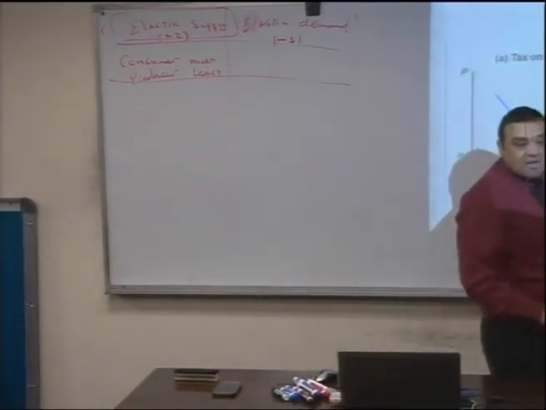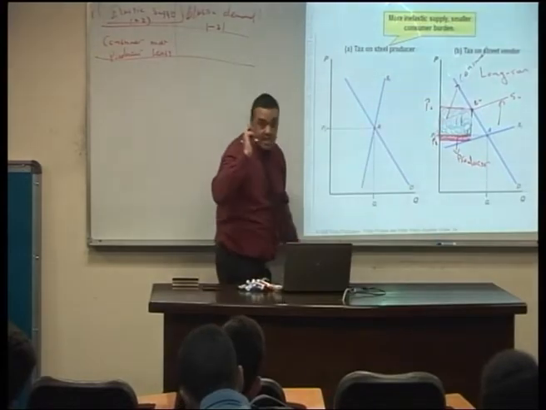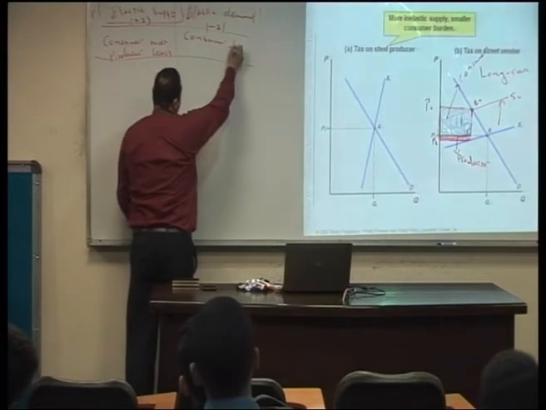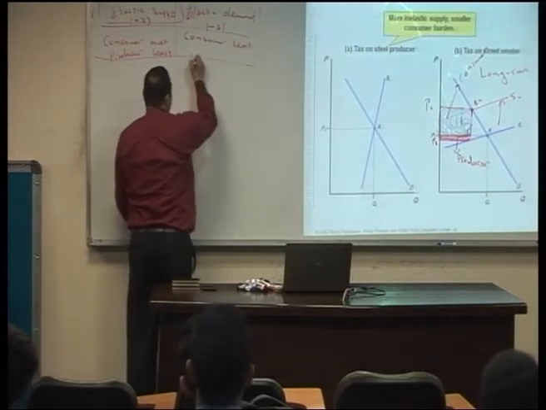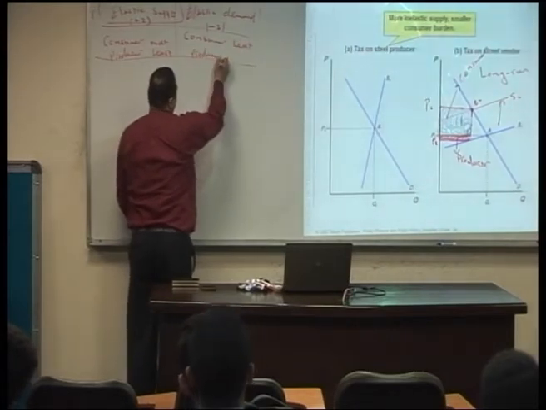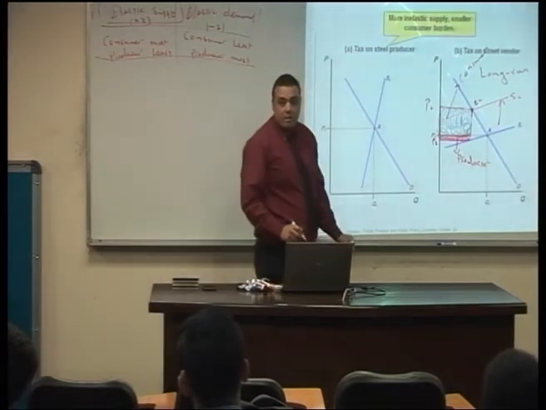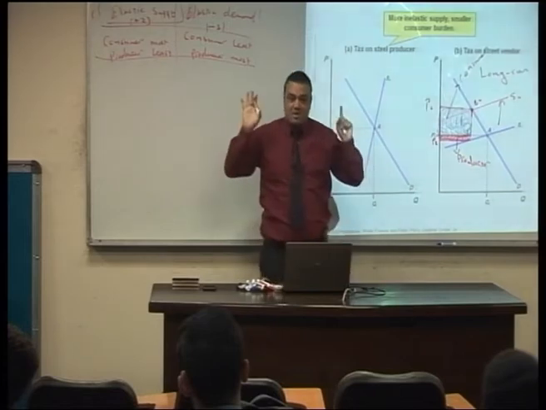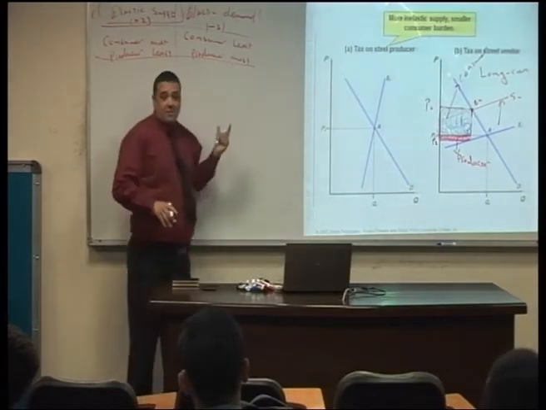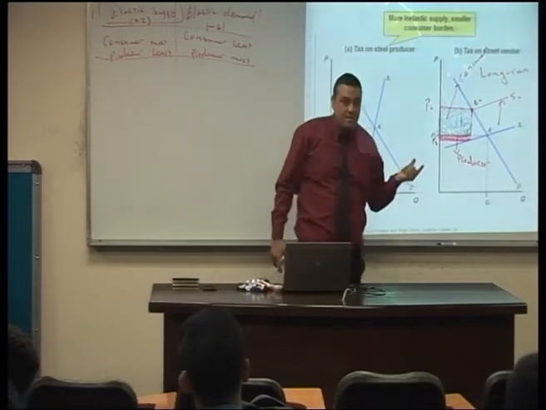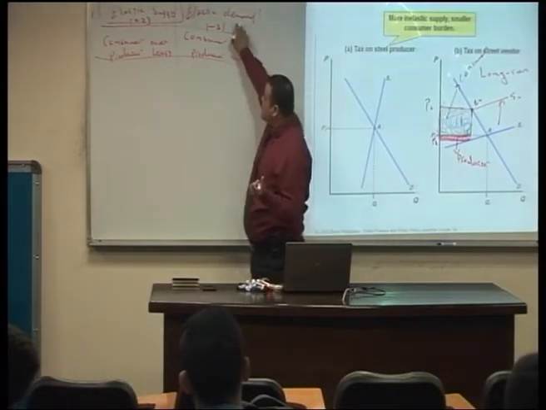Elastic demand, consumer bears least. Consumer bears least, and the producer most. كيف بدي أعرف مين بيشيل أكثر؟ مين تأثيره أكبر؟ هل الإلاستيك ديماند ولا الإلاستيك سبلاي؟ على هذه elastic demand تأثيره. هذا تأثير الإلاستيك ديماند أكبر.